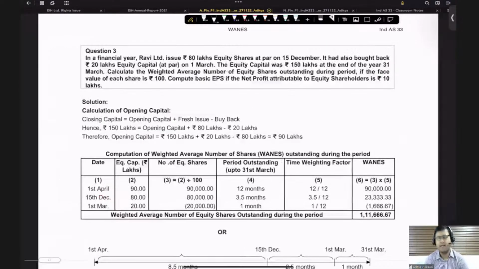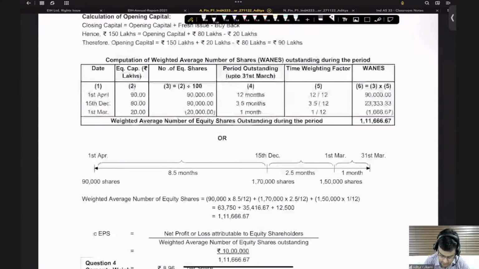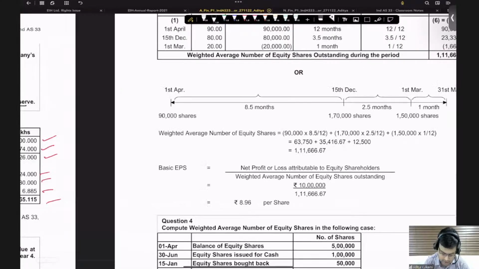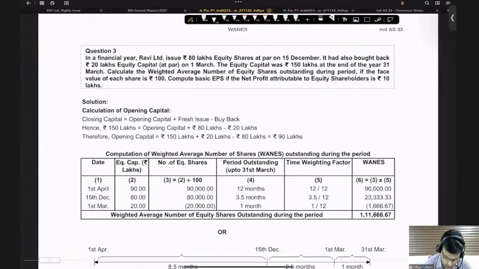Okay, coming to the proper WANES calculations. Now we start with the WANES calculations. In a financial year, Ravi issues 80 lakh equity shares at par on 15th December. It had also bought back 20 lakh equity capital on 1st March.